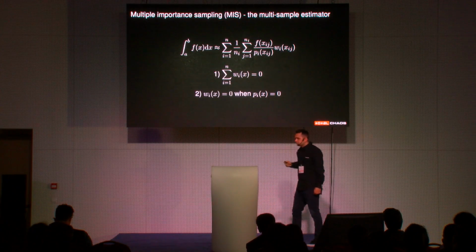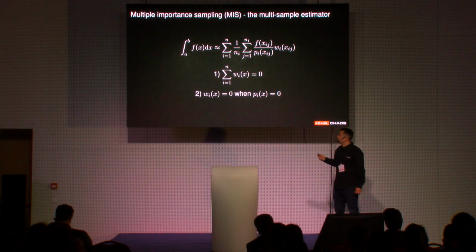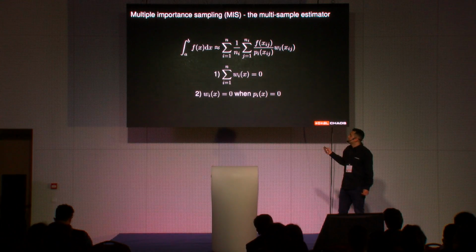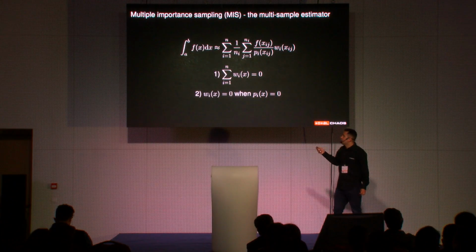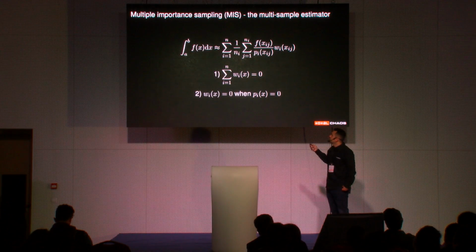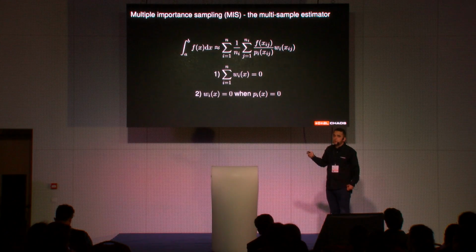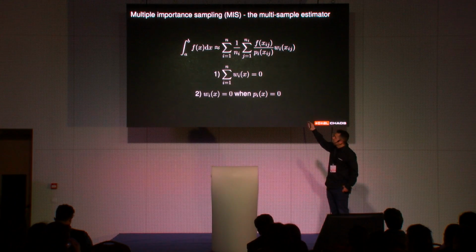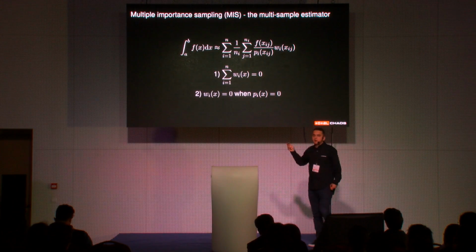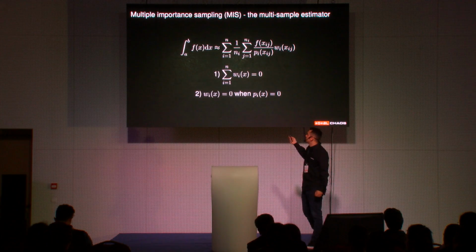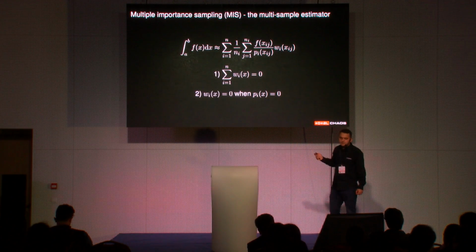But in order to get these weights, we need to find some special types of weights that actually help us to converge more quickly. Because with this estimator here, we can do much worse than just uniform sampling.